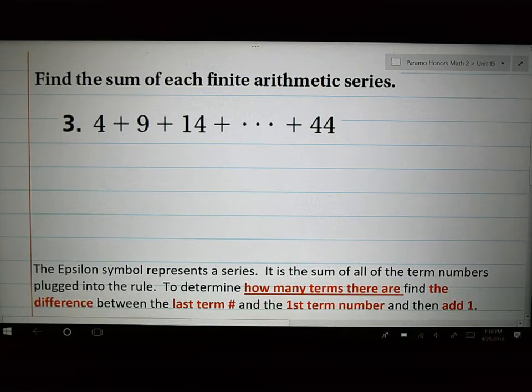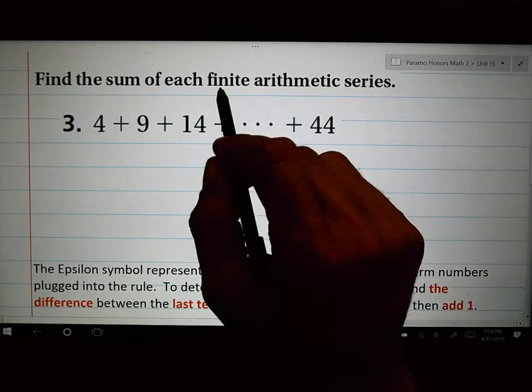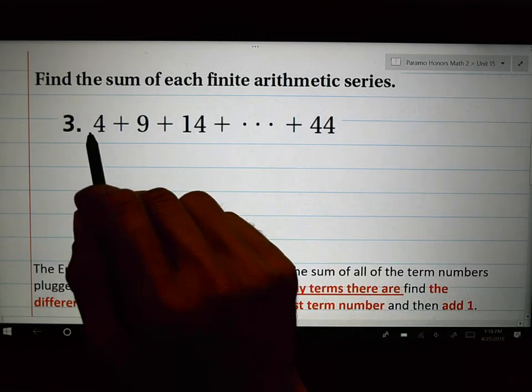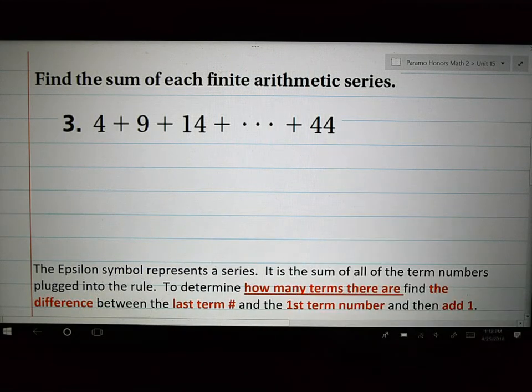Number 3. If you want to start this on a separate sheet of paper and start your first homework question as number 3, I am totally fine with that. It says find the sum of each finite arithmetic series. What does that mean? That means that it ends. It goes from 4 plus 9 plus 14 all the way until we get to 44, but that's where it ends.